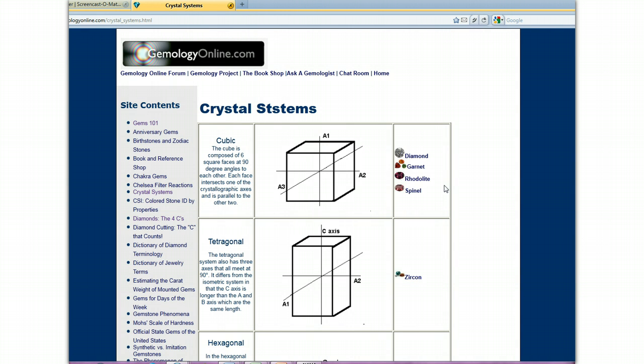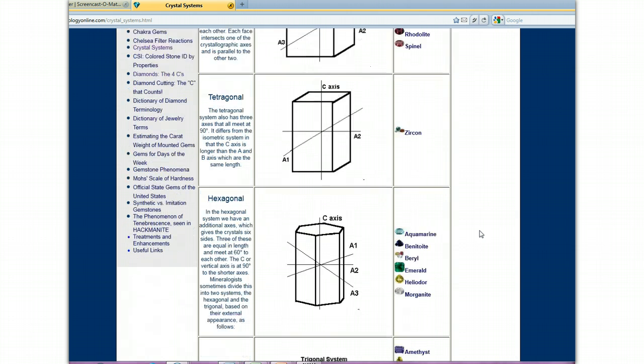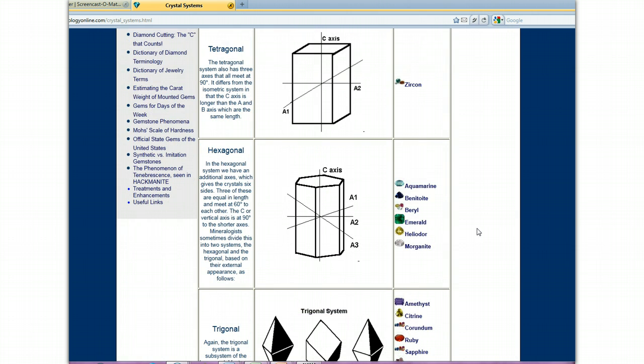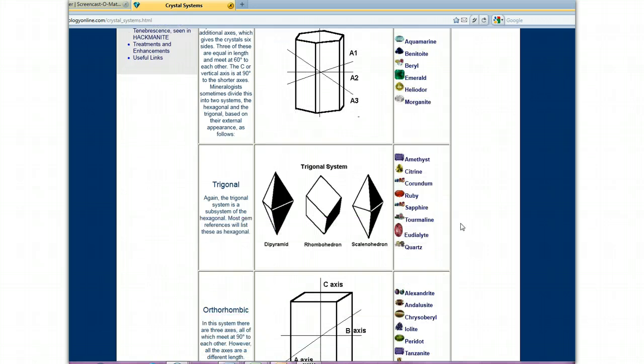These are some examples of gems that belong to each crystal group. So diamonds are considered cubic, zircon is tetragonal, emeralds are hexagonal, and amethyst, ruby, and sapphire are all considered trigonal, which again is part of the hexagonal.